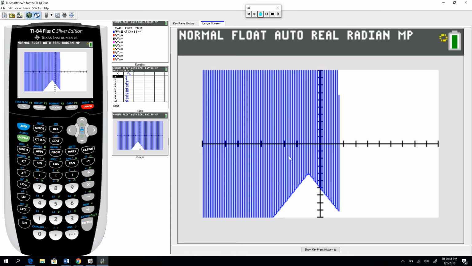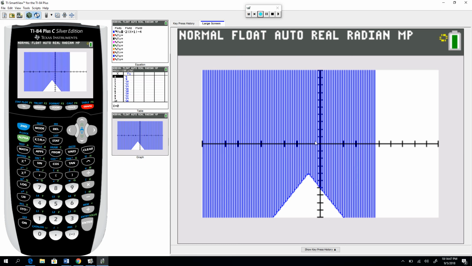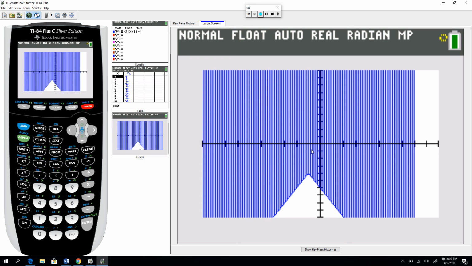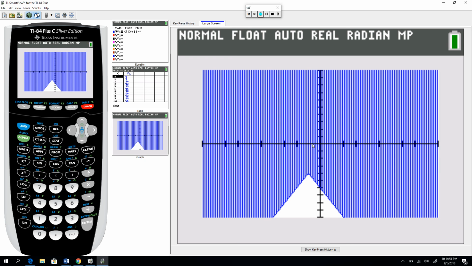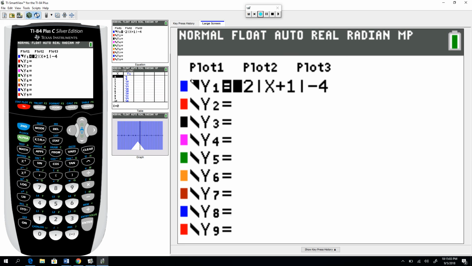It graphed a V. I know it doesn't show on my screen here terribly well, but on your calculator it'll show these hash marks a little bit better. It moved left 1, down 4, which is exactly what we were expecting. And it shaded above because I programmed this to be greater than. See this little symbol right there? That's greater than. You would just toggle to the left to play with greater than, less than.